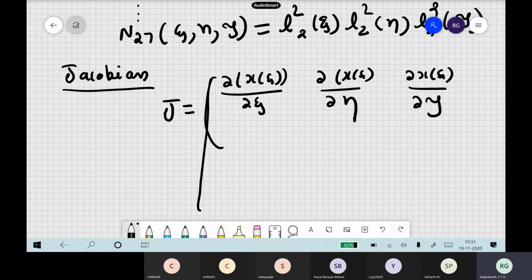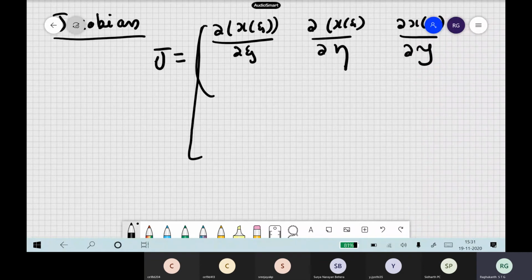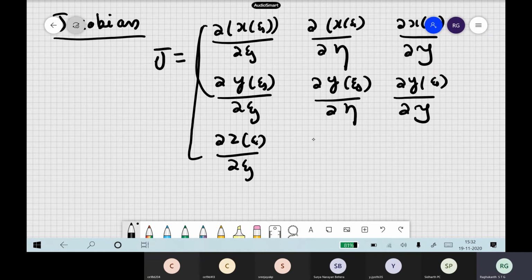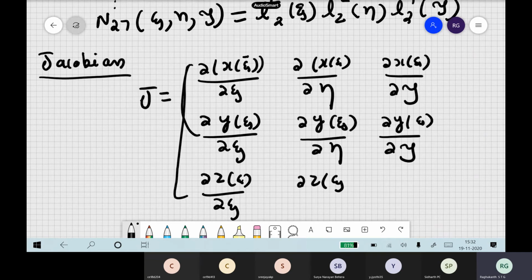So it becomes a full matrix. Similarly dou y by dou psi, dou y by dou eta, dou y by dou xi, and similarly we have dou z. Of course, in the brackets it is a vector.